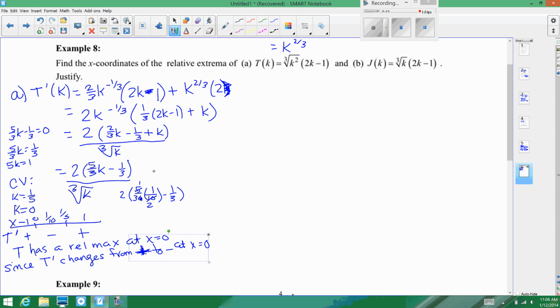And the same reason there, this will be negative to positive, so t has a relative minimum at x equals 1/5.